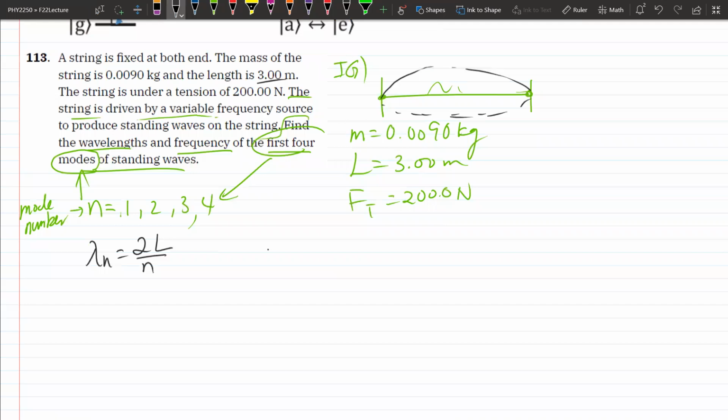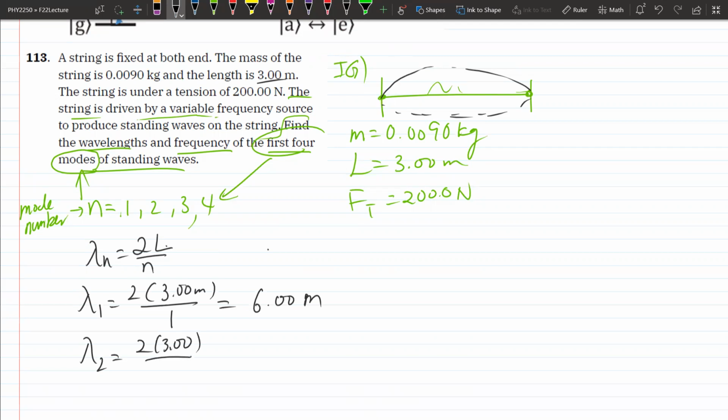That's the formula. When n is equal to 1, L is 3 meters, so the first wavelength, the longest wavelength that will fit on the string, is actually 6 meters. For lambda 2, we're just changing this number, the n, from 1 to 2.